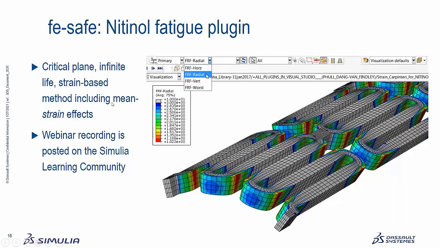There's a mean strain effect in it. Similarly to the last slide, there's also a webinar recording on the Simulia learning community to find a whole lot more details about what we do there, and how you would go about setting up your Abaqus models, as well as the fe-safe analysis and setup for Nitinol.